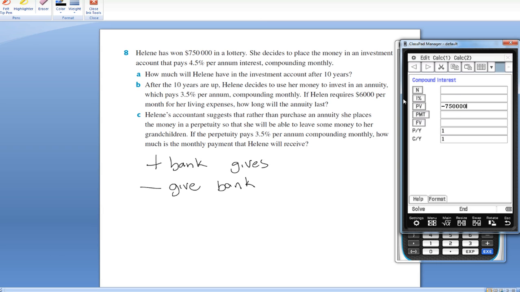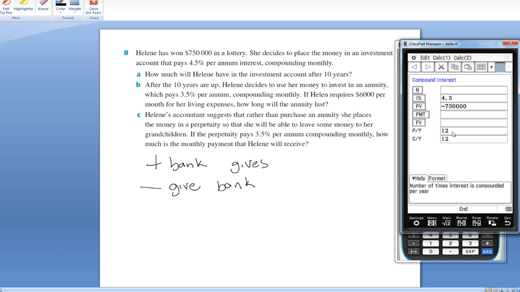It pays 4.5% interest, so let's put that in, because if you want to find out how it works, go to help, and that the interest is the annual interest rate, so you must put it in as an annual interest rate. Compounding monthly. Okay, so what we do here is now we put down 12 and 12.